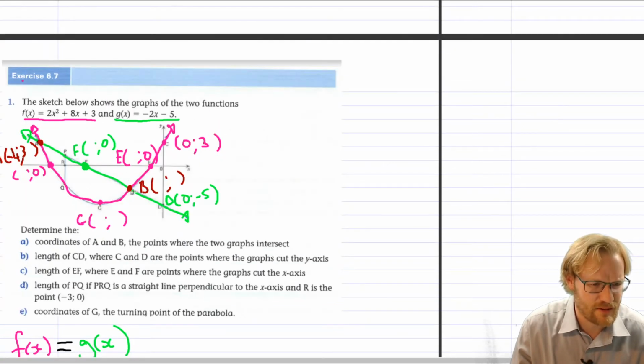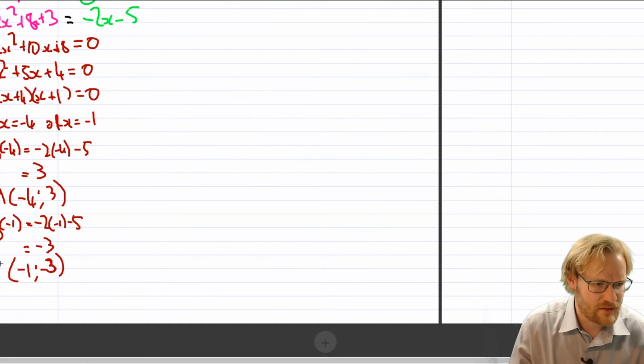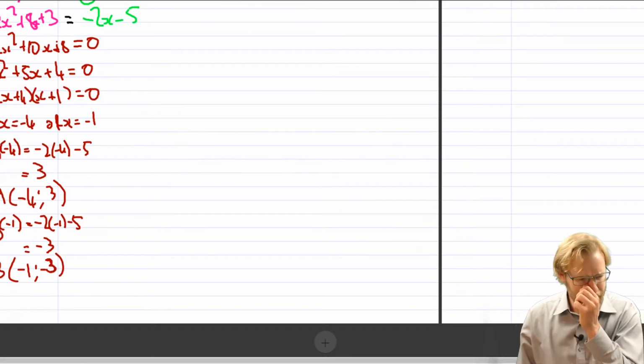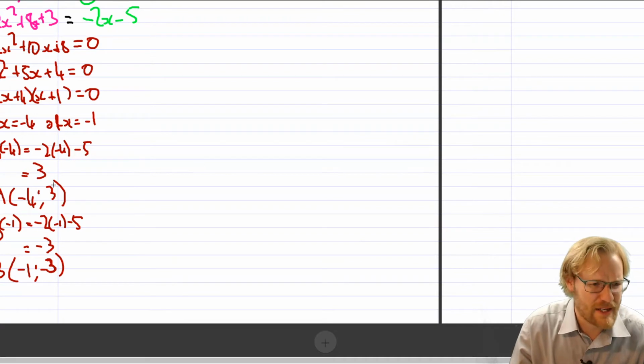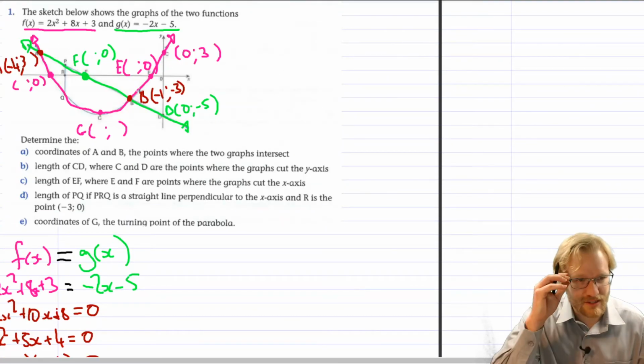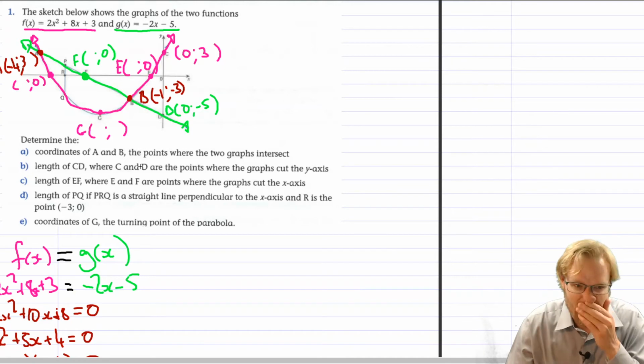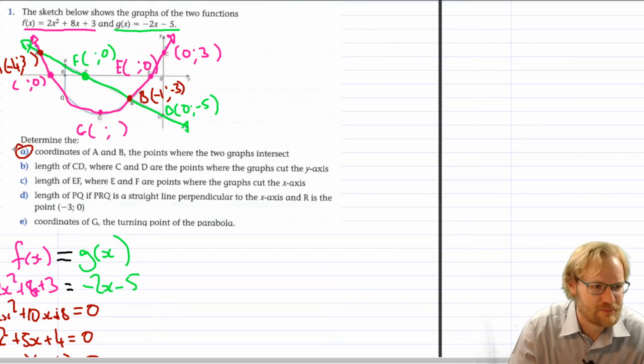So this must have been B: minus 1, minus 3. The idea here is that if we need to come back and use A and B at another stage, it's easy. It's written down here, there's point A, there's point B, and it's in the diagram as well. Okay, so we found A.